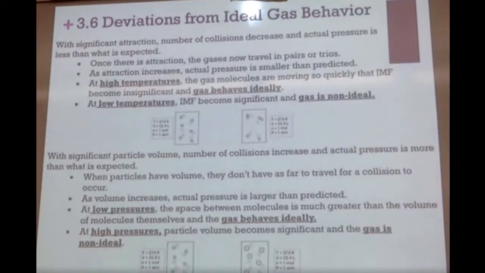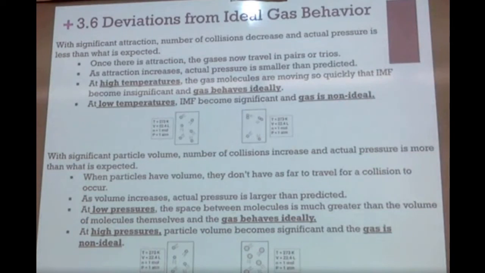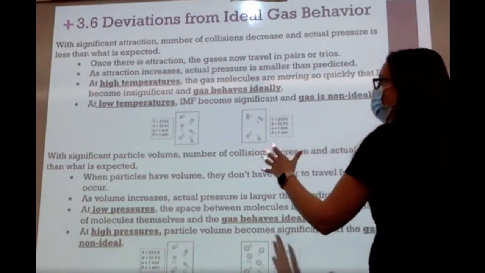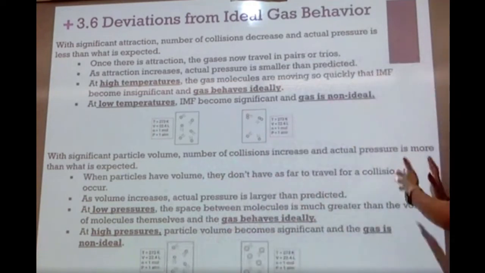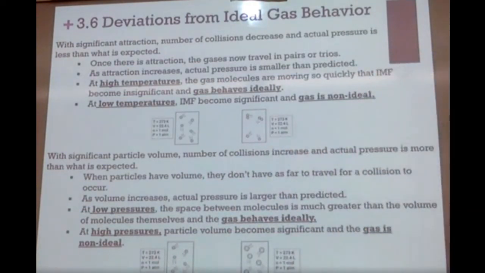Now, for 3.6, I want you to star, circle, highlight something next to topic 6. We are seeing more and more questions, both multiple choice and free response, that ask about deviations from the ideal gas law. This slide I actually just pulled from when we talked about gases and looked at real versus ideal behavior.